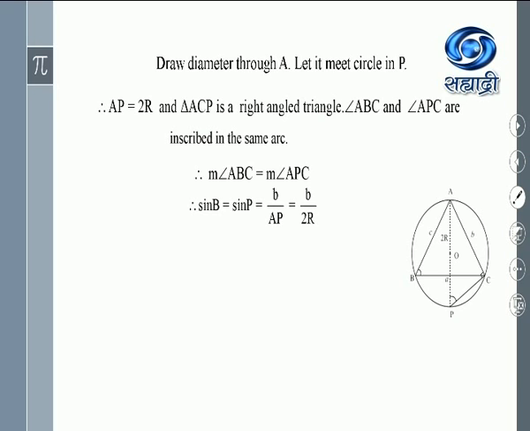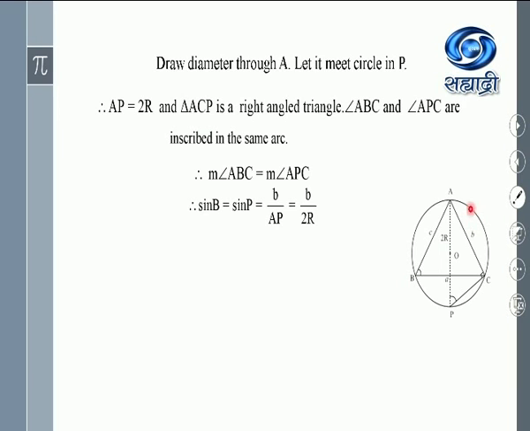See, what is sine P? Sine P is opposite side upon hypotenuse. Are you getting? This figure is very important. With the assumption of right angle triangle ACP, we have sine B is equal to sine P, which is equal to B upon AP.